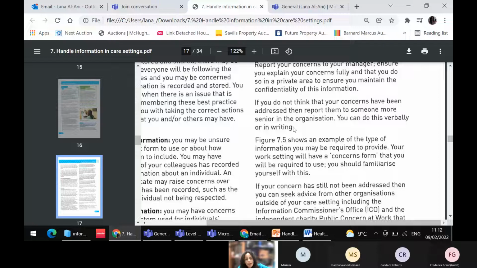Then who's higher in the organization? Let us say the head of the organization, the director, for example. Then you need to write to them, because you can't have access to that person. Then you put it in writing. So if something happens, you say, look, I sent this to the director already. I have a copy of it. So you need to put it in writing and have a copy of it.